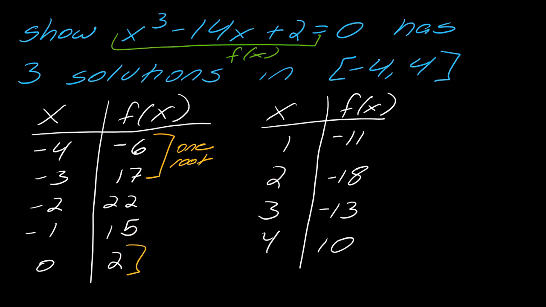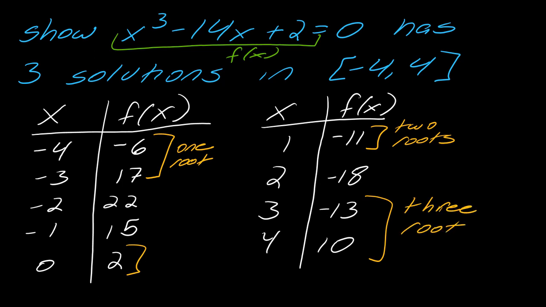This is the second root, 2 roots. And then I stay negative until I get here. So here's my 3 roots. Here's how I can tell that I have 3 solutions or 3 roots: I see that there are 3 sign changes within this interval.